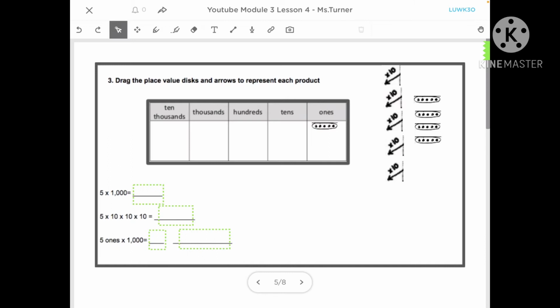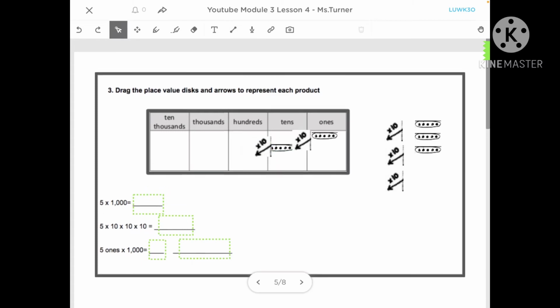If you're still struggling, think about it this way. 1,000 is the same thing as saying blank times blank times blank. Yeah, 10 times 10 times 10. And every time I move to the next place value, I'm multiplying by 10. So that means that I am moving my group of 5 ones over 3 times.